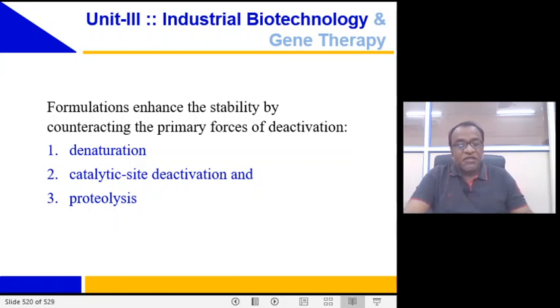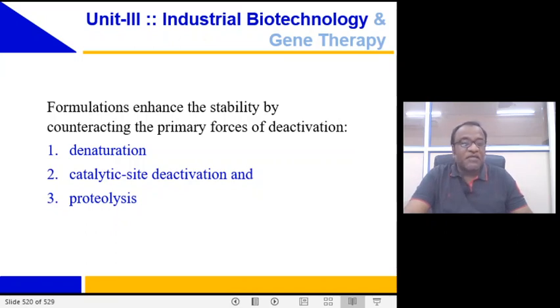Denaturation occurs by physical unfolding of an enzyme's tertiary protein structure under normal conditions or under thermal or chemical stresses. So once an enzyme begins to unfold, it becomes dramatically more vulnerable to deactivation and proteolysis.